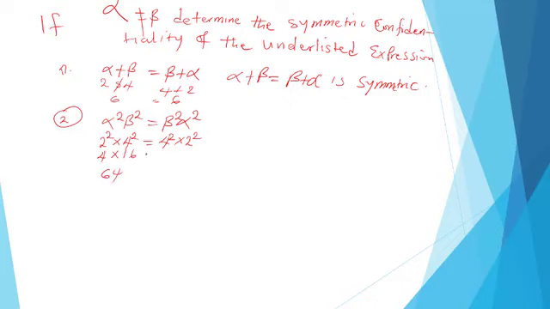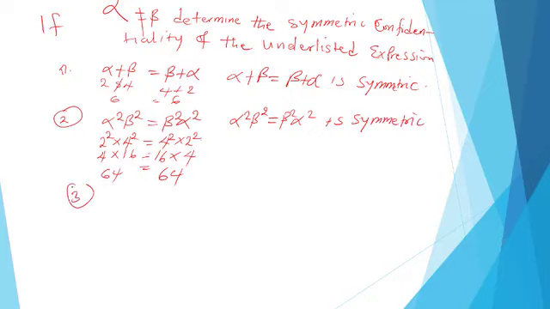Now let's see if this other part will also give us the same thing. 4 squared is 16 times 2 squared, 4, which is the same thing as 64. So alpha squared beta squared is the same thing as beta squared alpha squared. So it is symmetric.